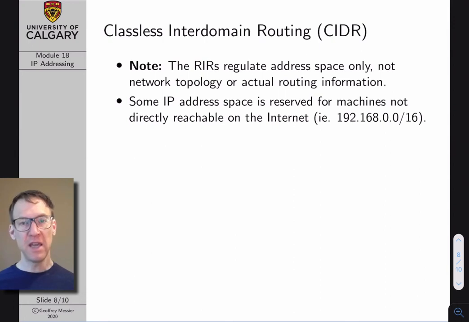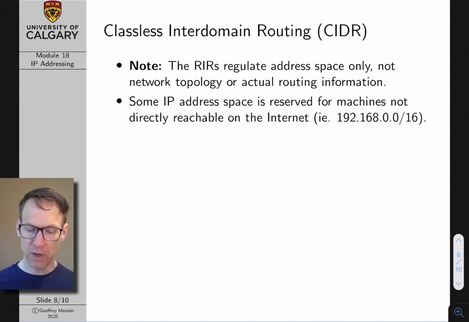However, the IANA does not decide how packets are routed from TELUS to a computer in Australia. The actual route finding and packet forwarding decisions are made in a truly decentralized fashion. So that's an important thing to remember.